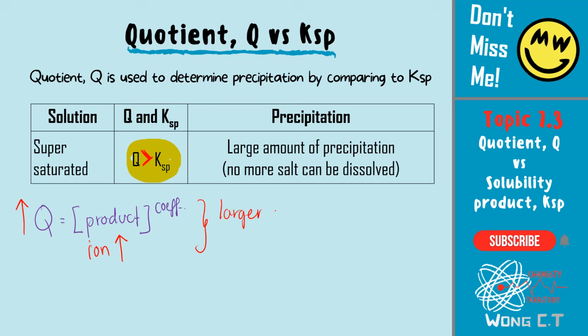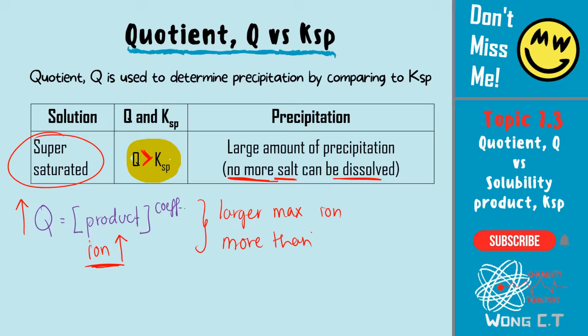Alright, when it's larger than the maximum ion that you can have, that means your solution is a supersaturated solution. When it's a supersaturated solution, there will be no more salt that can be dissolved. Of course, because the ion that you have in your Q right now is already more than the maximum ion.